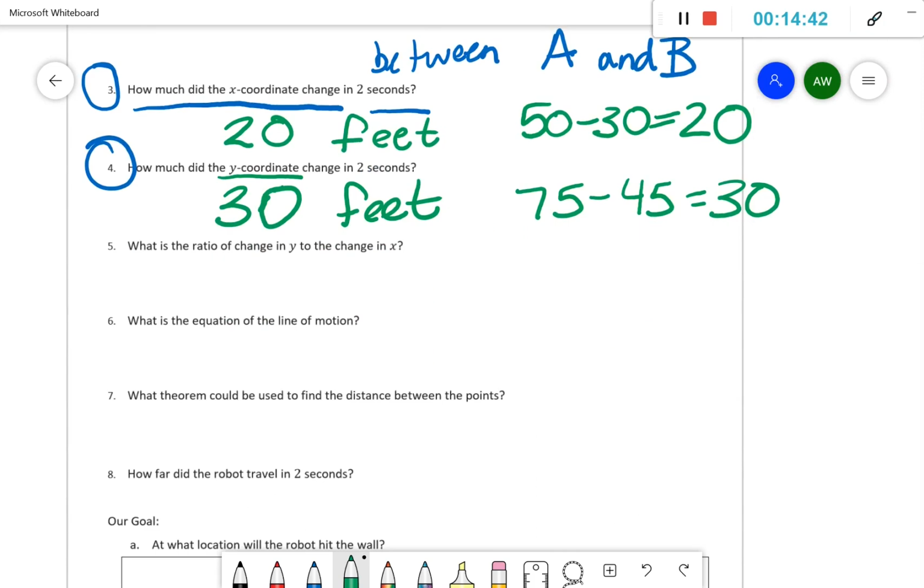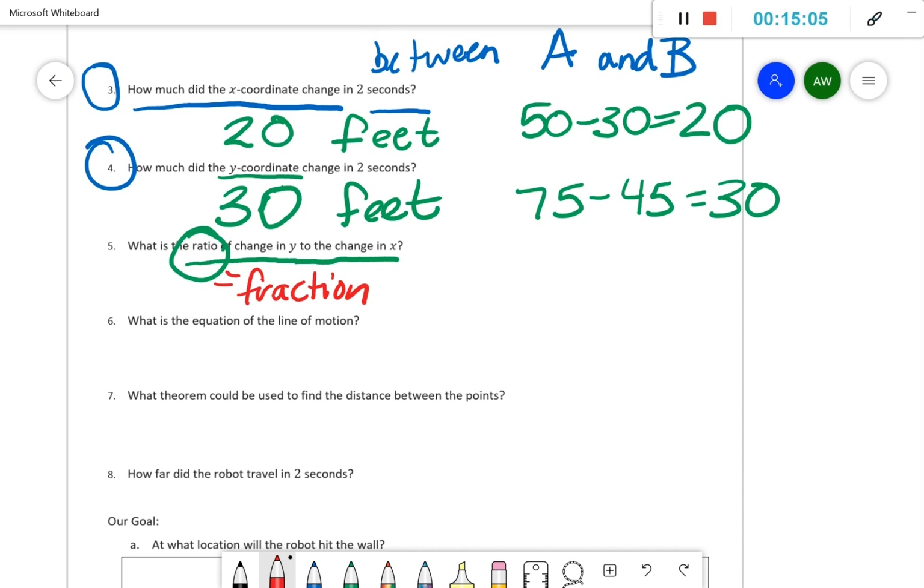Now, number 5 is asking us, what is the ratio of change in y to the change of x? Now, we know that the word ratio is the same as saying fraction, right? There are other ways that we can write ratios, but typically in geometry, we've been writing ratios as fractions.